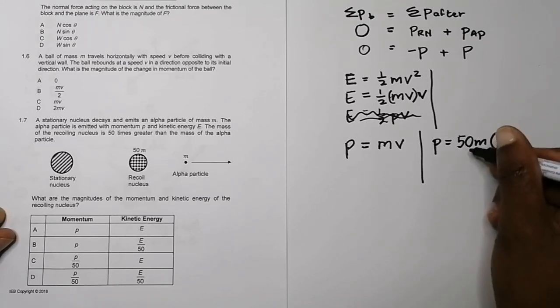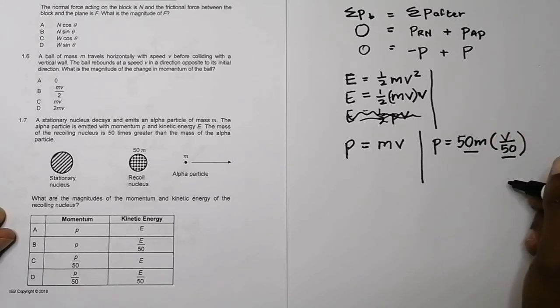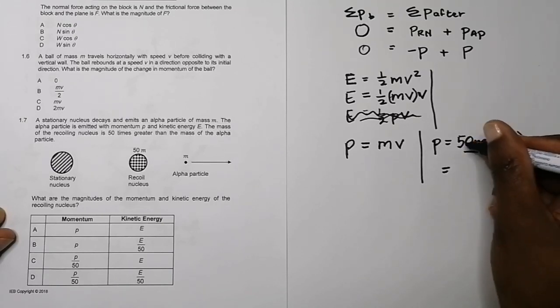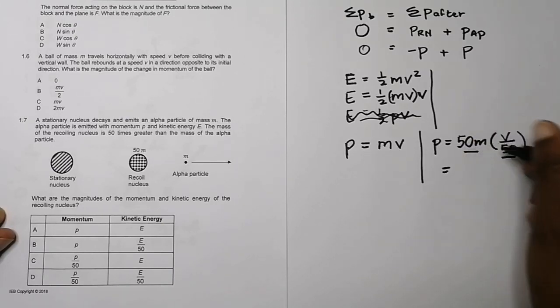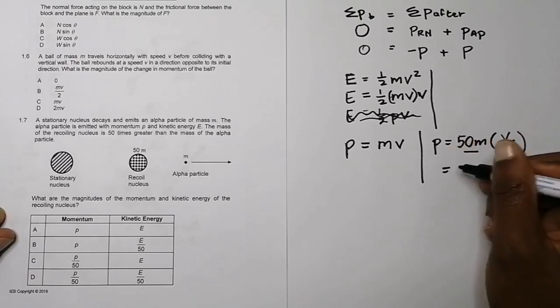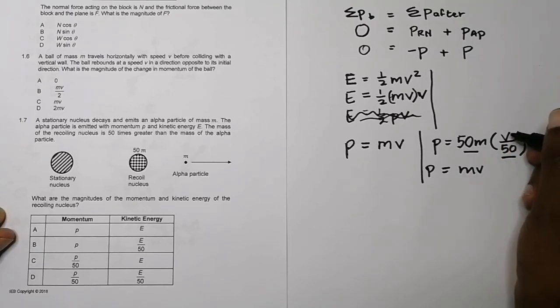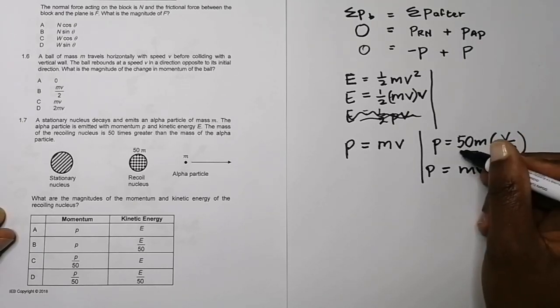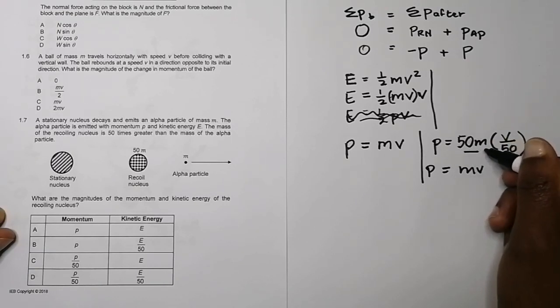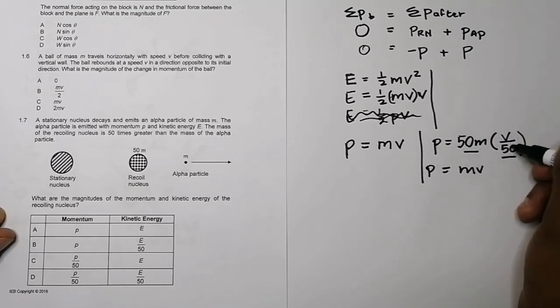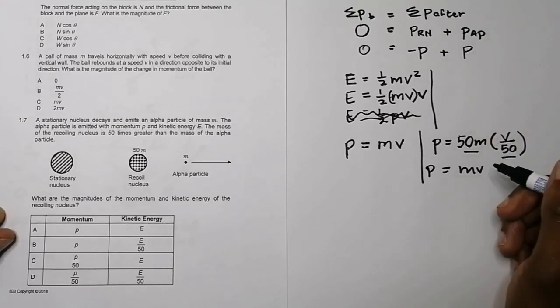So if I multiply this and that, what does it give me? 50 divided by 50, which is 1, and we end up with mv as well. So if the mass is 50 times greater, then its velocity should be 50 times smaller so that it has the same momentum.